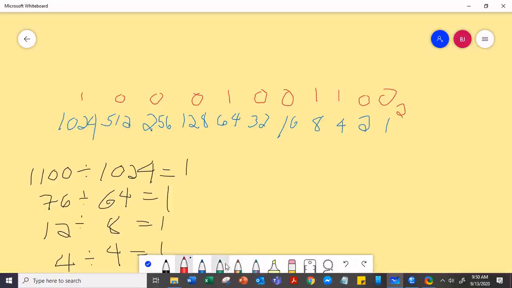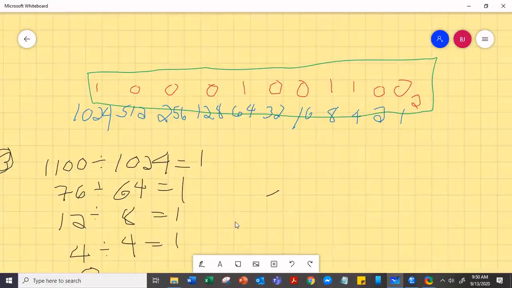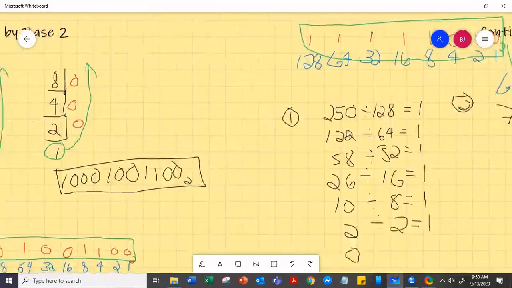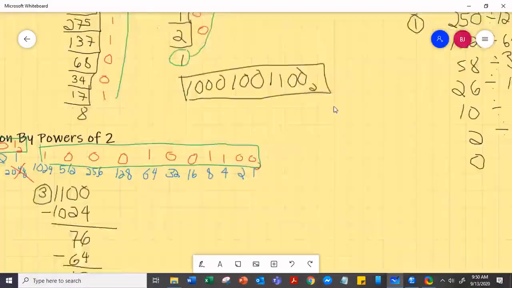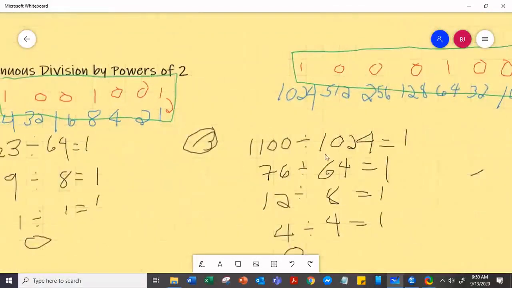Base 2. Let's not forget about that. And you have this well-written answer here, if I say so myself. Let's go ahead and check that out. 1, 3 zeros, 1 0 0, 1 1 0 0. So here, yep, and here. Yes, confirmed.